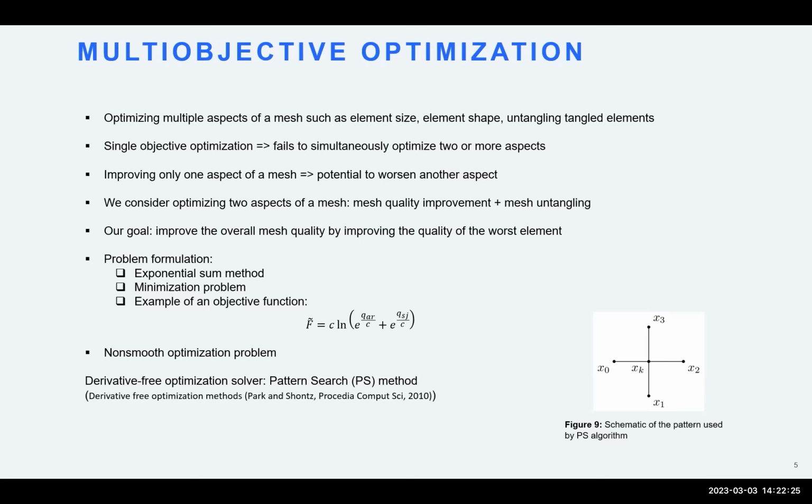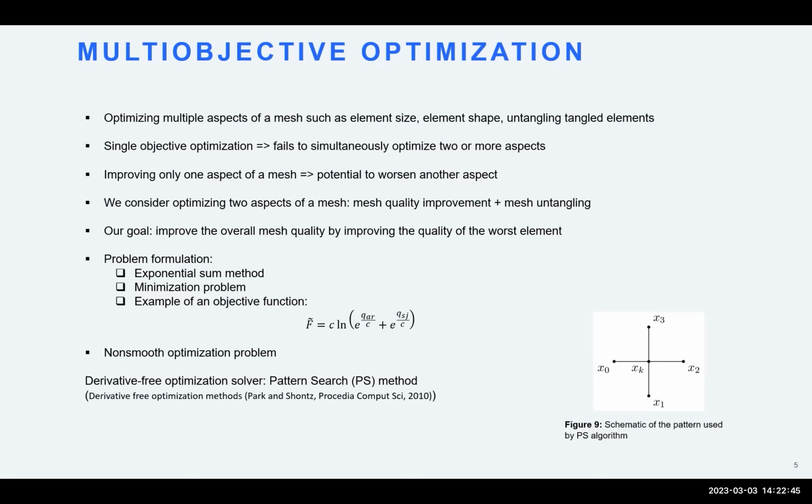Now, once we have the objective function built, we have this non-smooth objective function, meaning we cannot use solvers that depend on finding the gradient of the objective function, which could be a good thing, could be a bad thing.